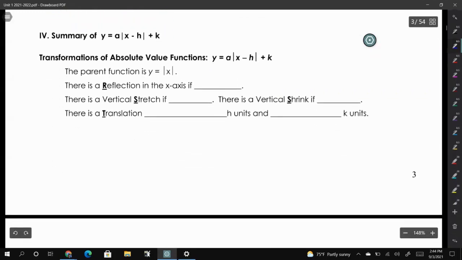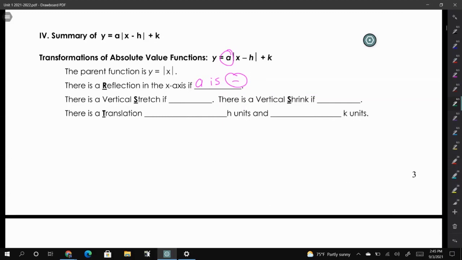So summary, this is the terminology we're going to use to compare things. There's a reflection if this A value is negative. So that's what R would stand for when I would ask you to compare. R is for reflection. Is there a vertical stretch or a vertical shrink?